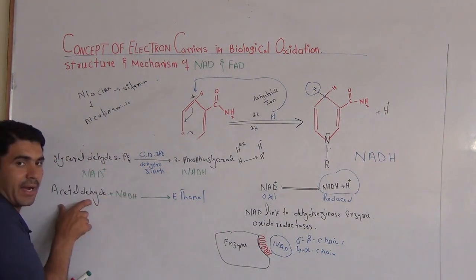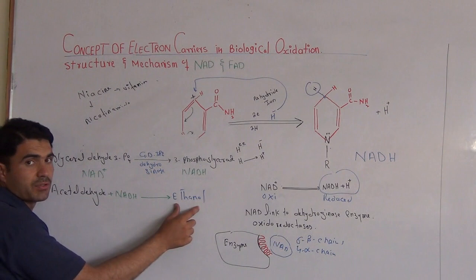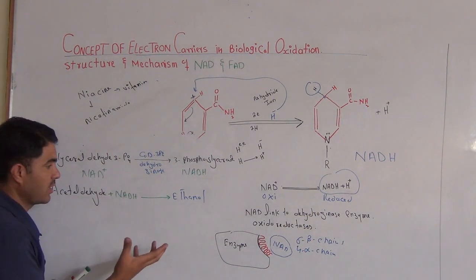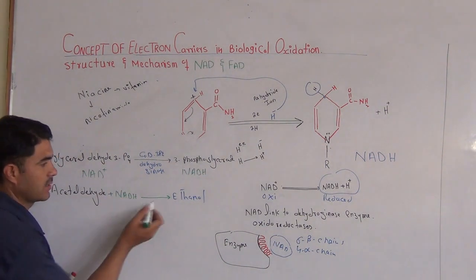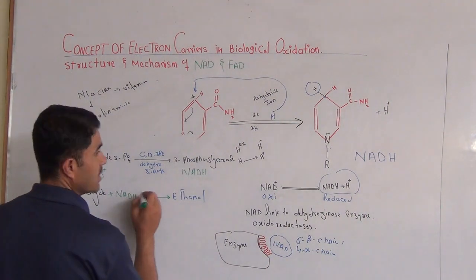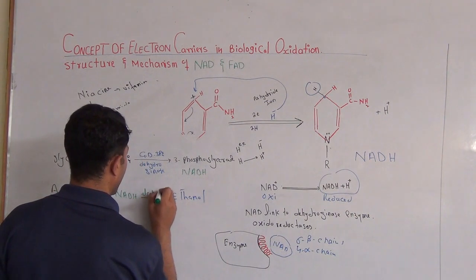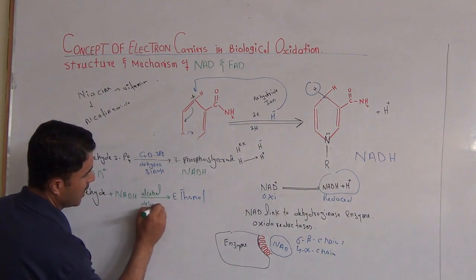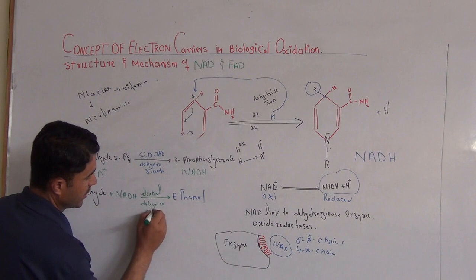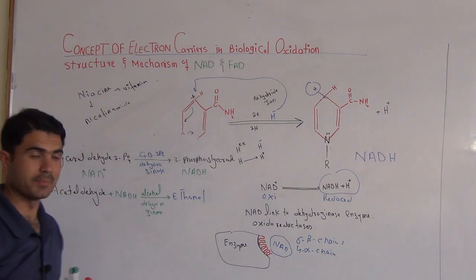Acetaldehyde is oxidized and this is the reduced form. So who gave the hydrogen and electron? This is the NADH. There is another enzyme, the enzyme is alcohol dehydrogenase. This is another enzyme.